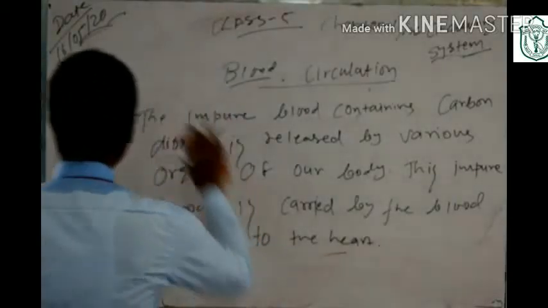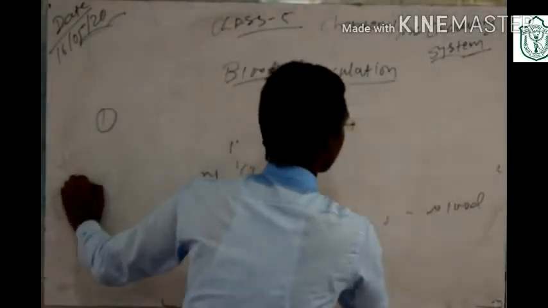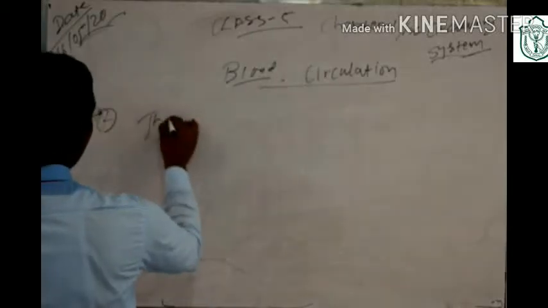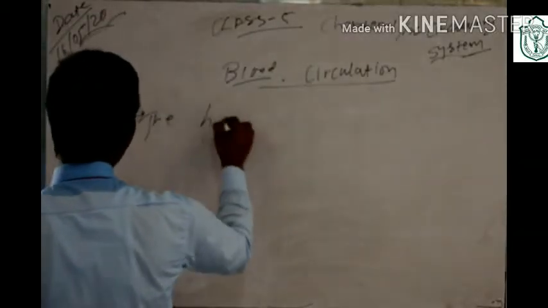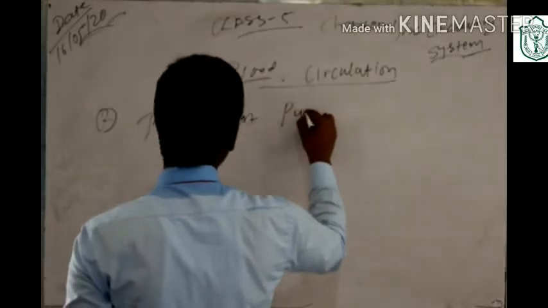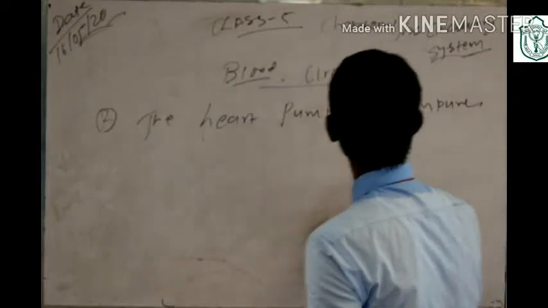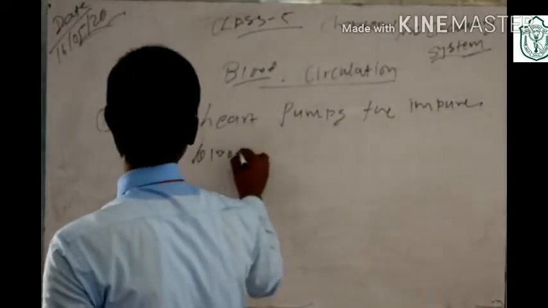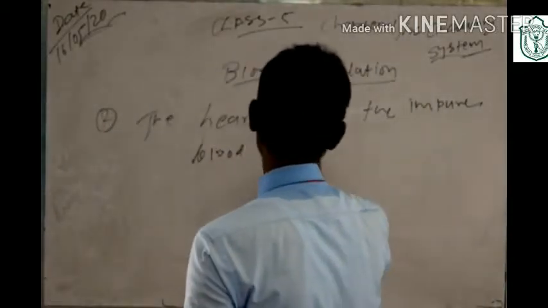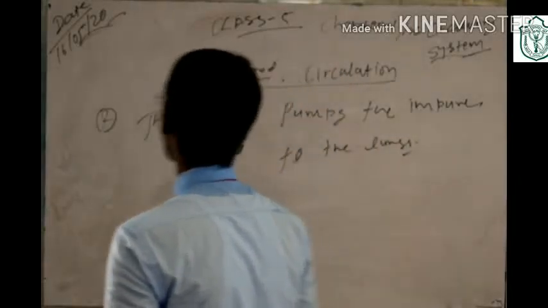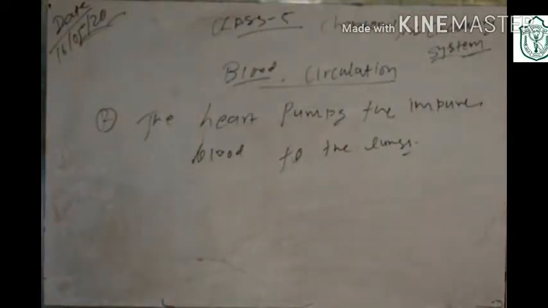In the second point, the heart pumps the impure blood to the lung.